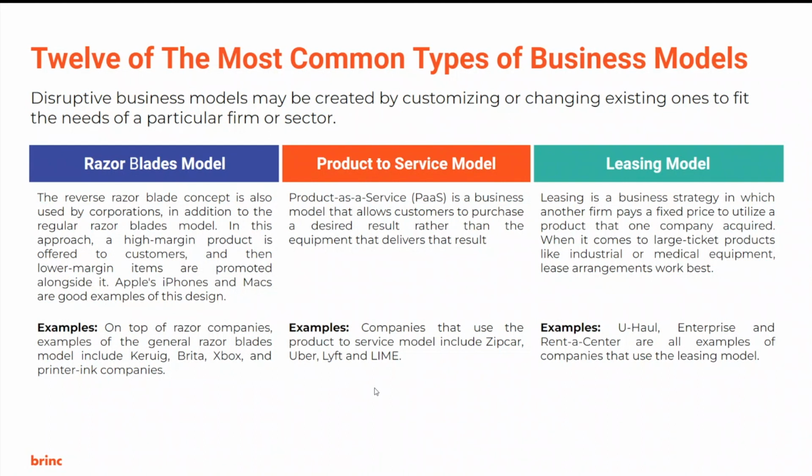The sixth business model is something that we see every day. It's a leasing model. In short, rent: the business runs on the premium that the customer pays to rent or to lease a specific product or service. Leasing a car, leasing a building, leasing an apartment, leasing a service, leasing a tool.